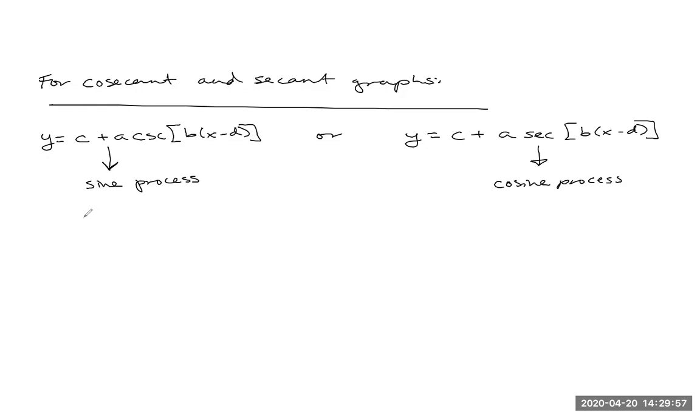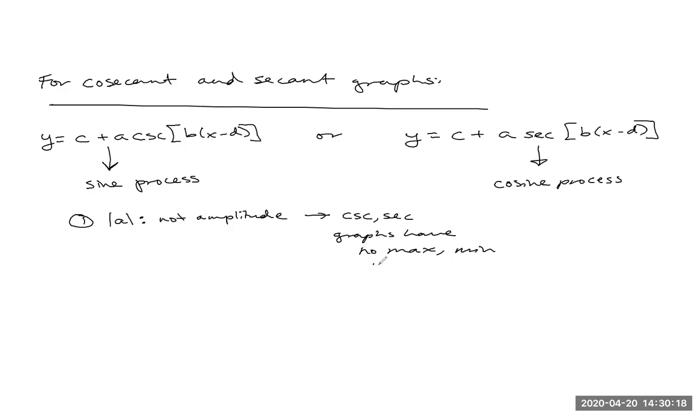For one, this is no longer called the amplitude, just because cosecant and secant graphs have no max and min range values. But essentially everything else is going to be relatively the same.